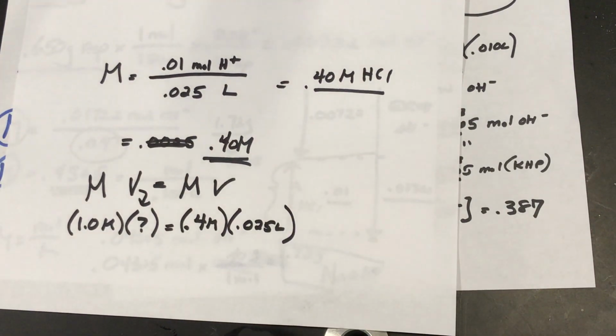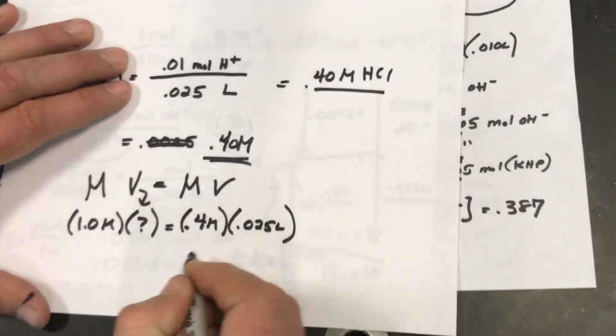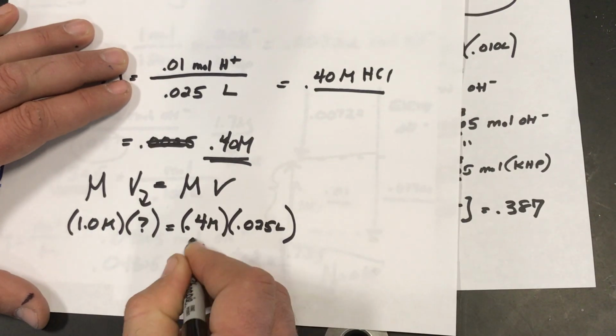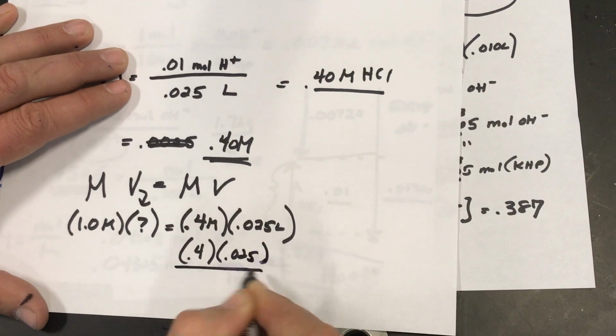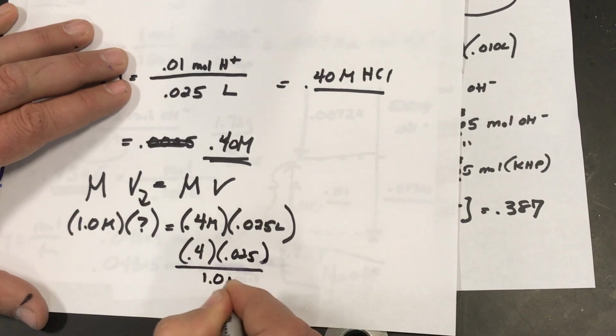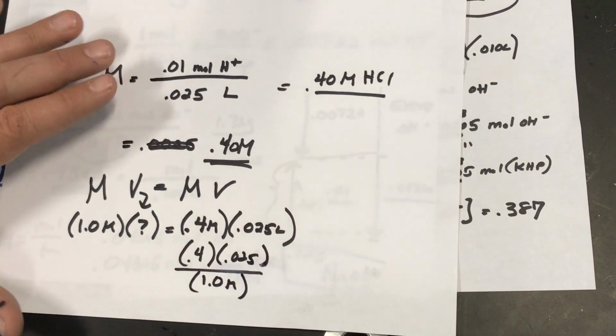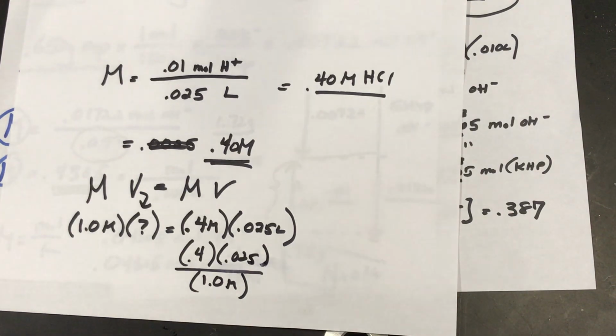So let's do the math. When you solve for the question mark, it's 0.4 times 0.025. We should know that's moles, of course, but divide by 1.0 molar. So what do you get when you multiply 0.4 times 0.025? I got 0.01.